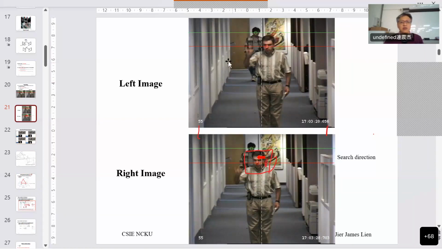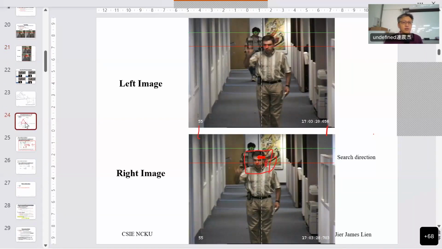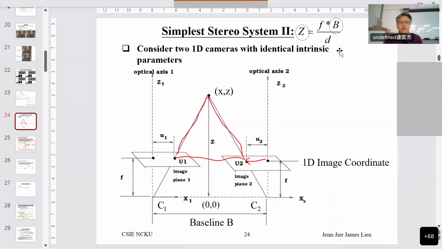So far, first of all, we explained that if you find a disparity value D for each pixel, and we give you the baseline and the focal length, you can find the distance from the camera to the object, the Z distance. So disparity is not a distance. Disparity we call parallax.